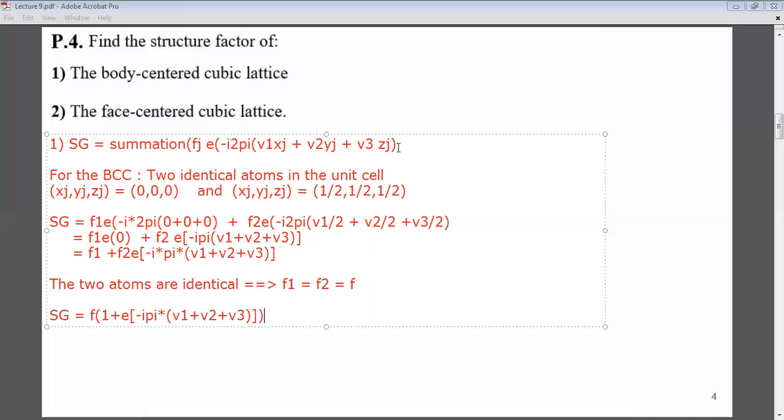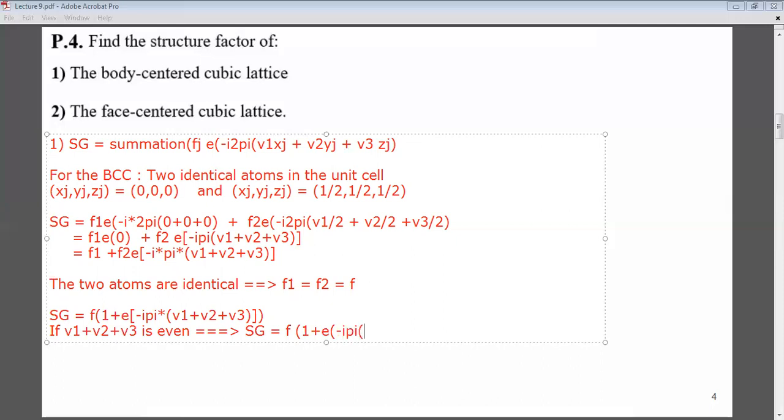Now, if V1 plus V2 plus V3 is even, I will get SG equal to F into 1 plus e to the minus I pi into an even number.